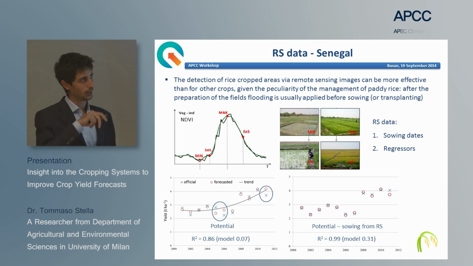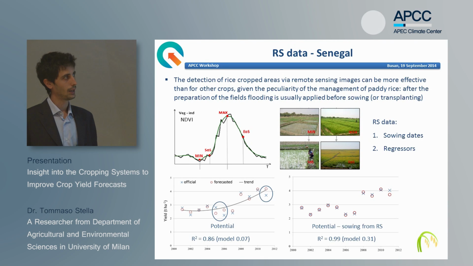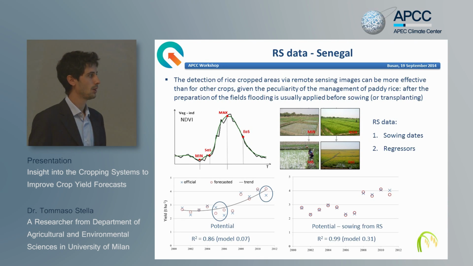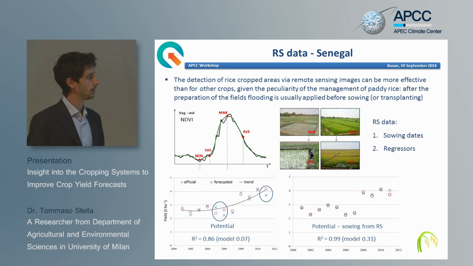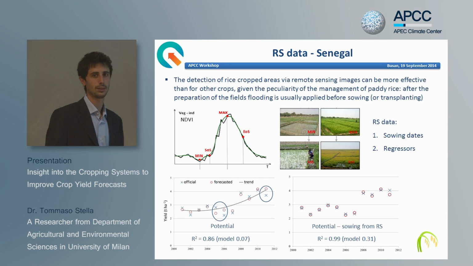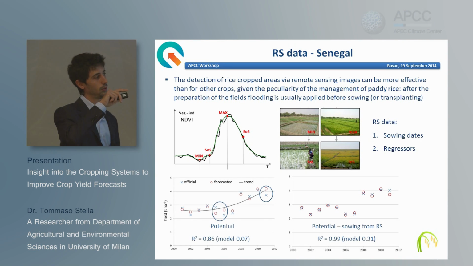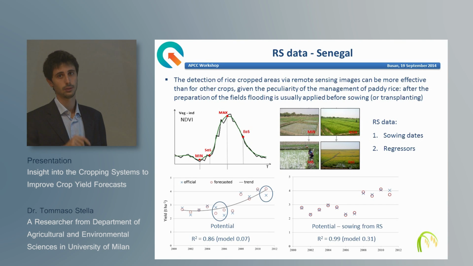And once we correct the sowing dates and we use the remotely sensed data as regressors, we have R-squared values near the optimum and comparable to the results we achieved with the simulation of both biotic and abiotic stressors in this condition in Senegal.